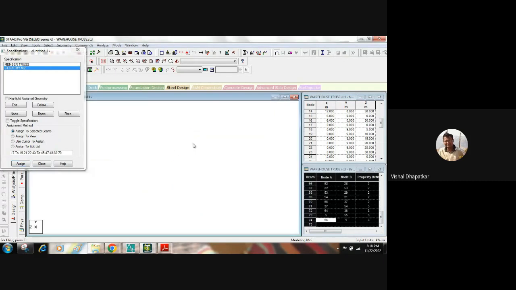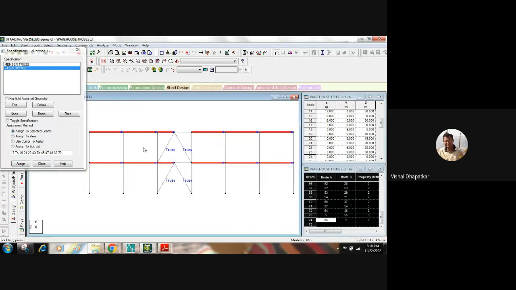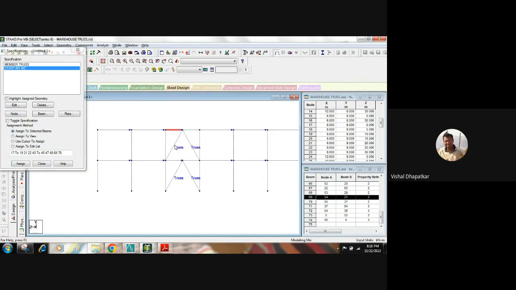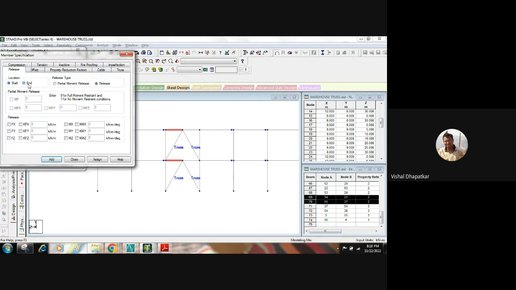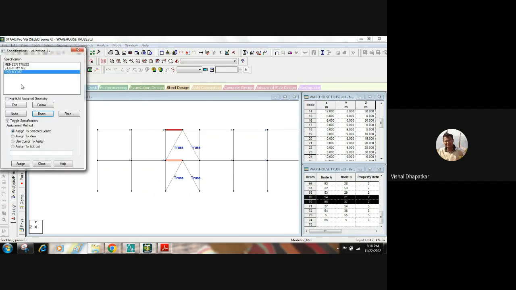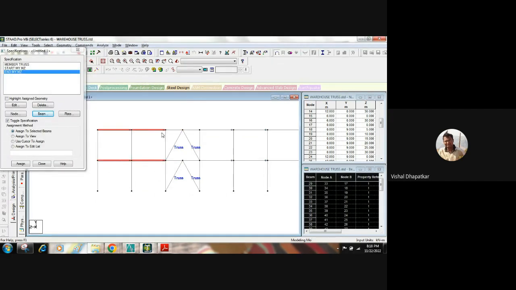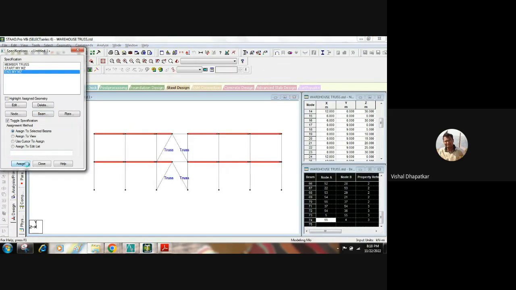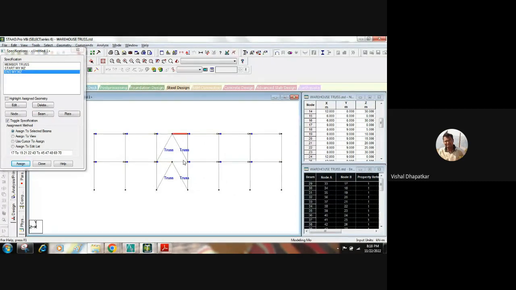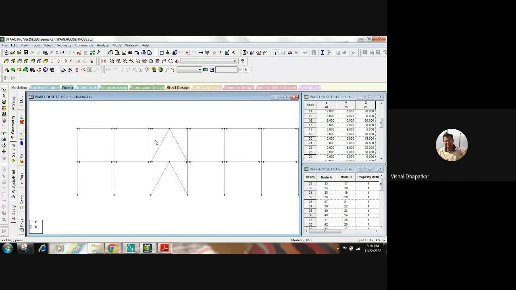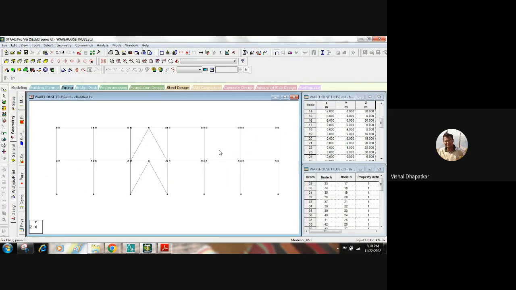Why are we releasing these members? So all these members are released, and all these members will be a shear connection.